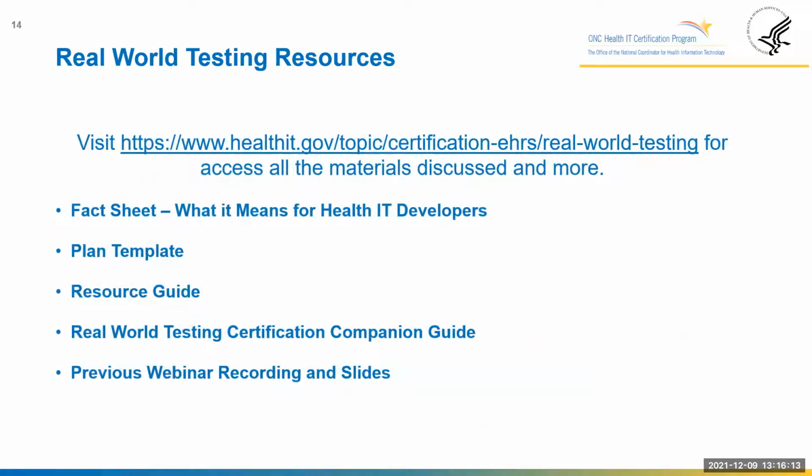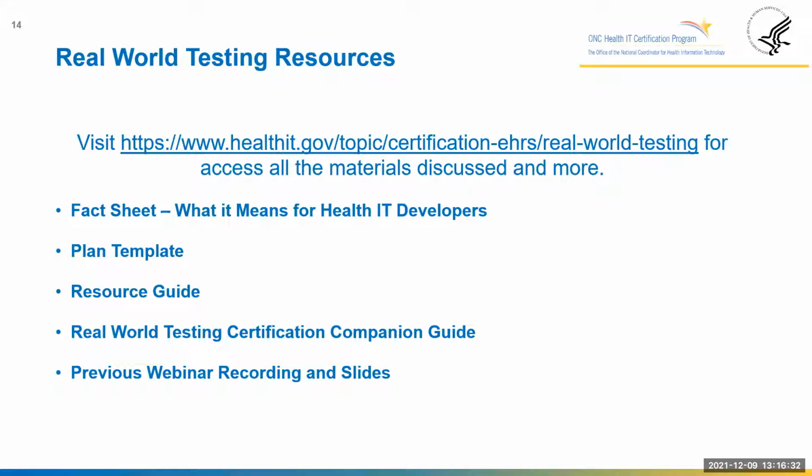All right. And to wrap up, I just want to point you to all of the resources we have out there. We have tons. We have a fact sheet that gives you a snapshot of what real world testing is and the requirements related to it. We have the plan template that I just mentioned, and the resource guide I just mentioned.